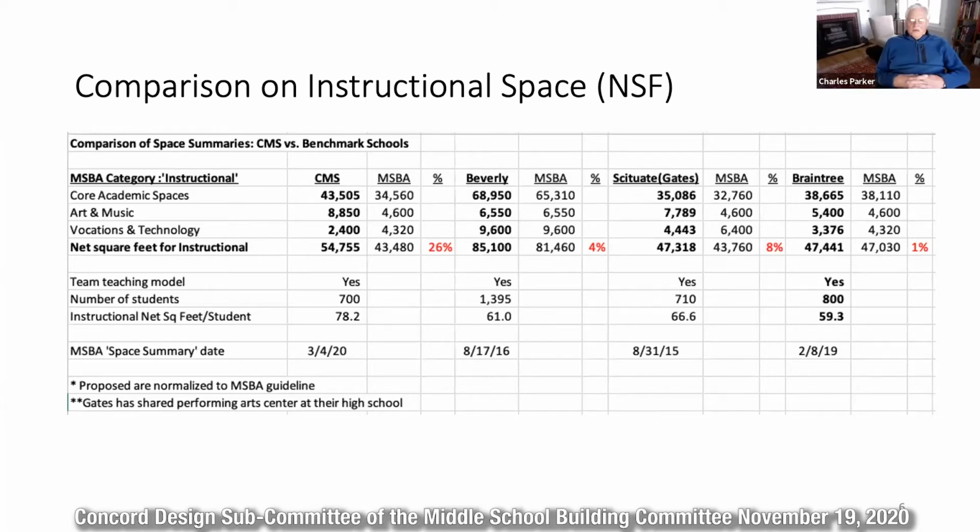In all of these calculations, we took the data off of the cut sheet. So for art and music, for example, those are the classrooms. It does not include any auditorium space or performing arts space for any of these schools. So here you're getting apples to apples to the extent the data allows.